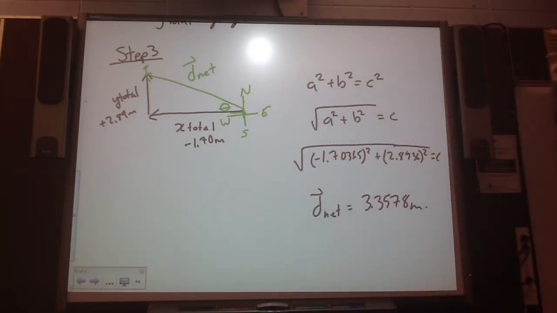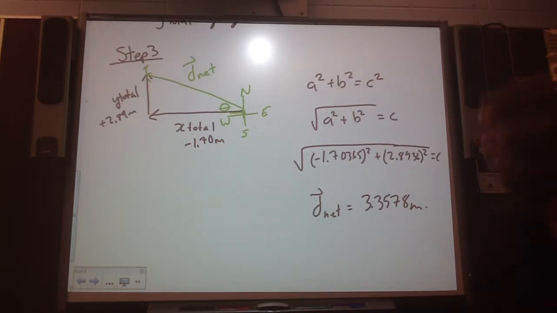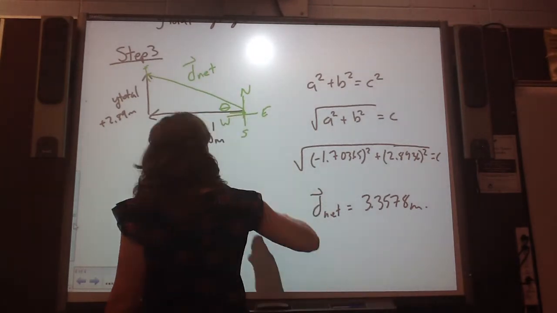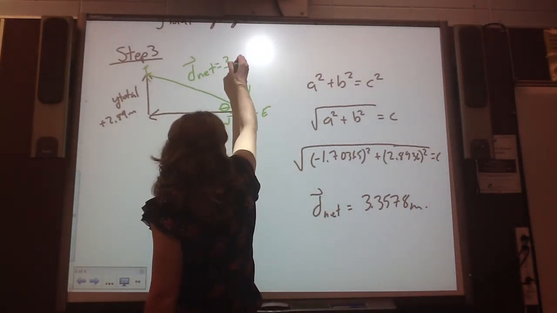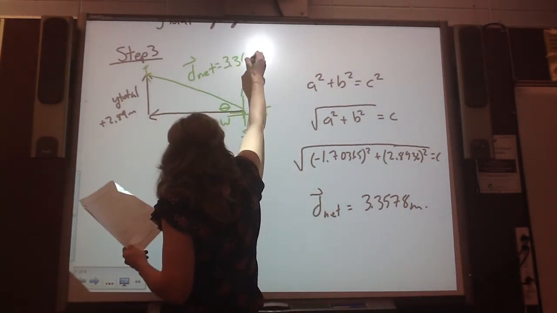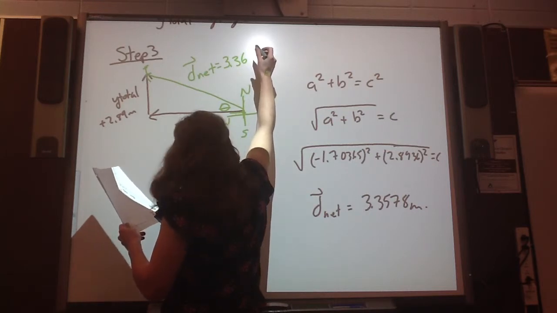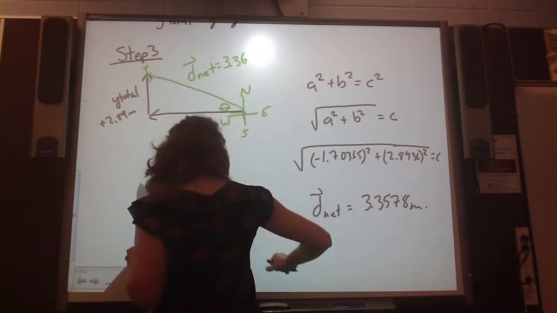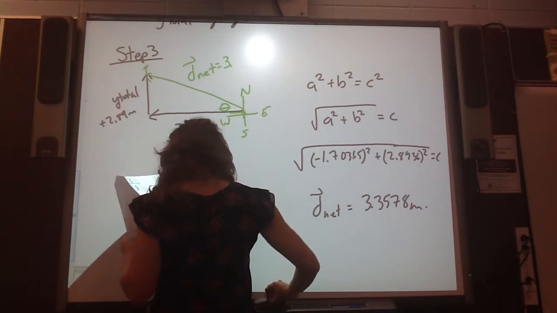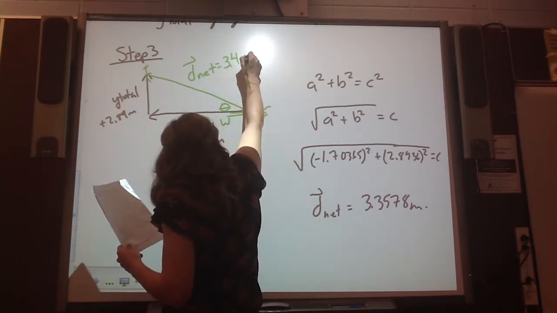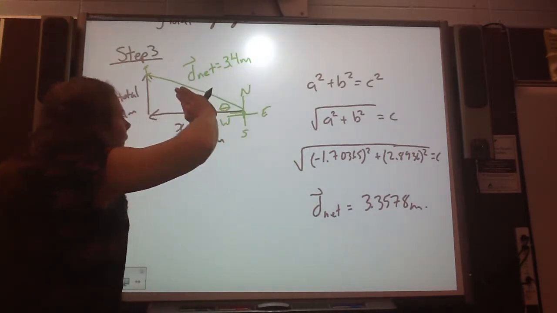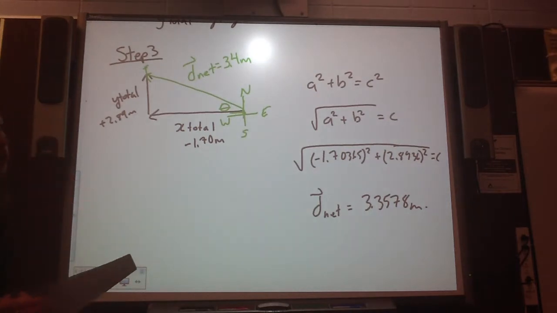Okay, so now I know what the green line is. I know that this is equal to 3.3, let's go to 3 sig digs, oh wait, this is to 2 sig digs, so I'm going to go 3.4 meters. Okay, so that's the magnitude of my vector.